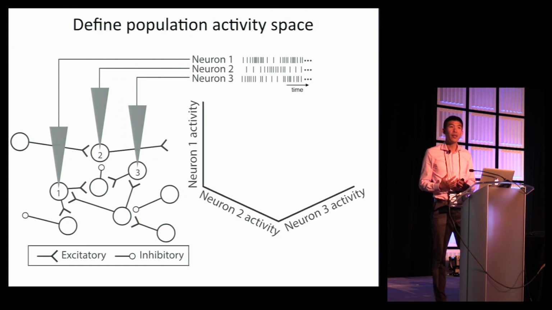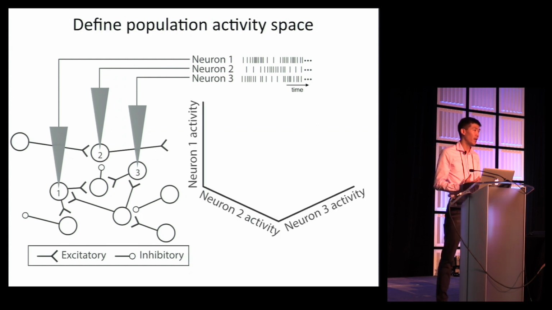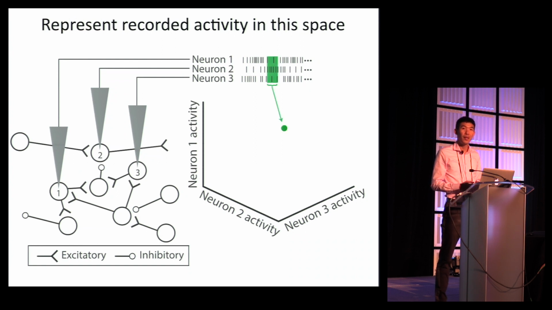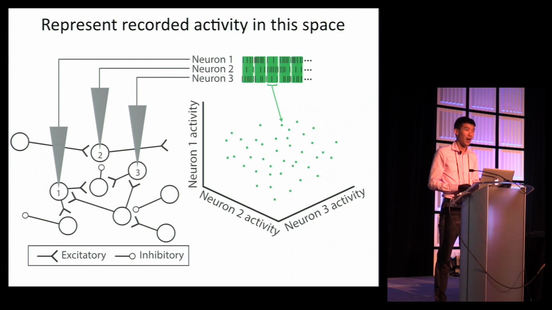What we can then do is to define a population activity space where each axis represents the activity of one neuron. We can then take a window in time. We can count the number of spikes that each neuron produced, and that gives us 1 point in this space. We can then take many non-overlapping windows in time, and this gives us many points in this space.